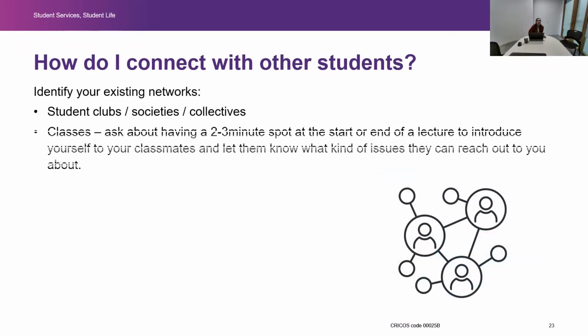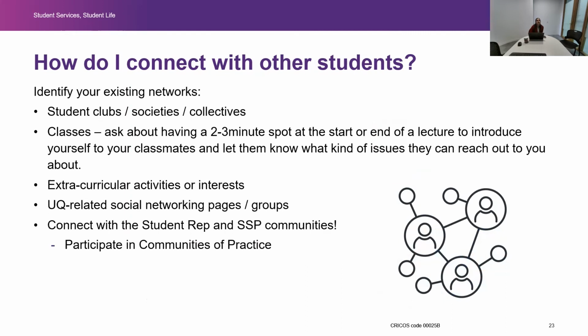Other ways that you can connect with students is by identifying your existing networks. We've mentioned clubs and societies. In your classes, you could ask your lecturer about having a few minutes either at the start or end of a lecture to introduce yourself to your classmates, let them know what it is that you're doing, what you're representing, and what they can talk to you about.